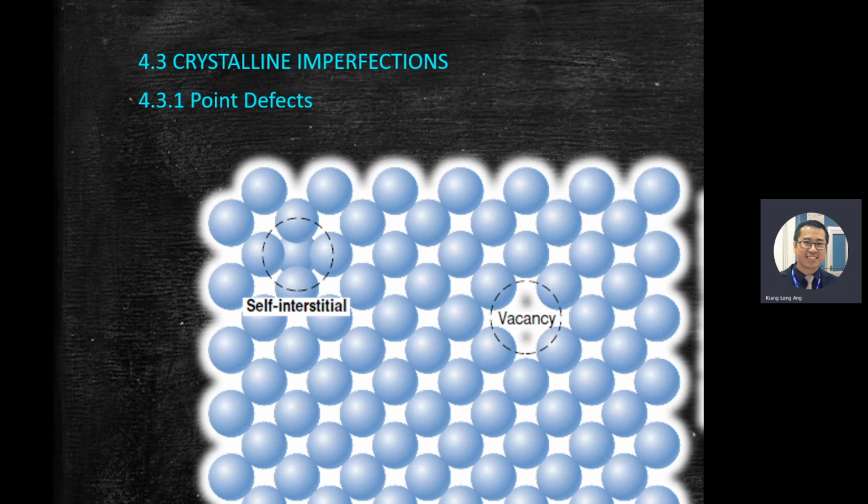Either one missing atom or an additional atom in the atomic site. The keyword is missing atom or additional atom in the atomic site. Then you draw this diagram. This is a very direct explanation that you see on the screen here. Very direct.